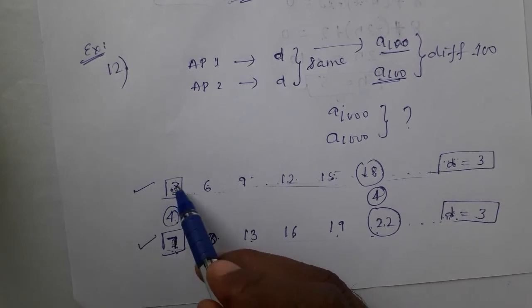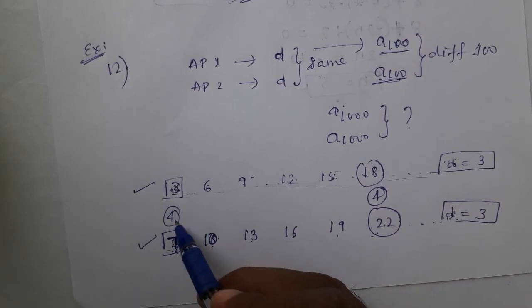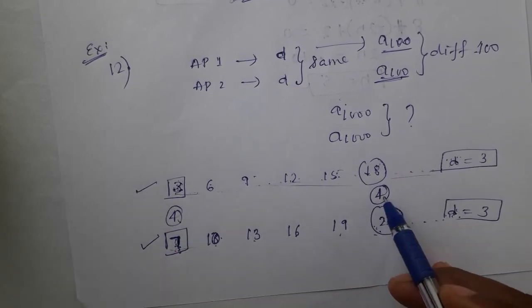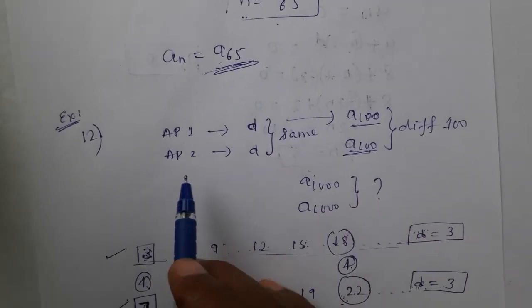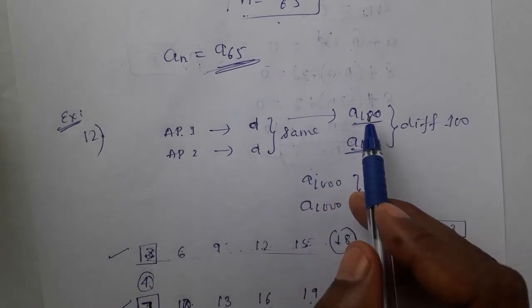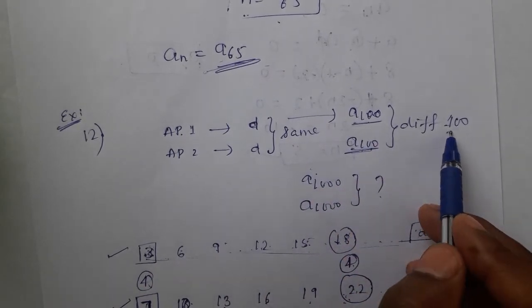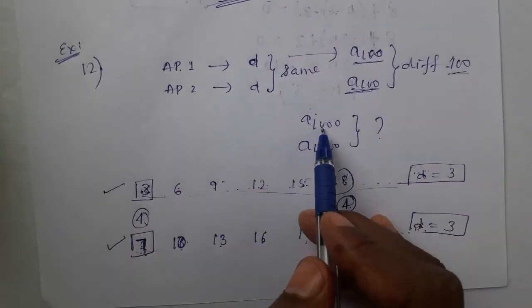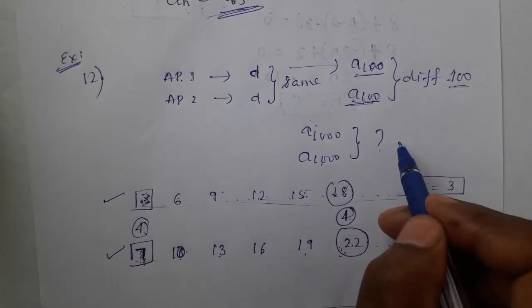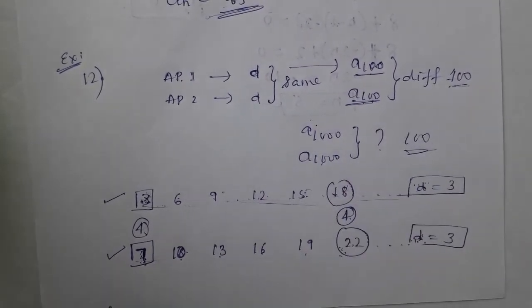The difference between the first terms of both the APs is 4. The difference between their sixth terms is also 4. On the same basis, if one AP's 100th term and another AP's 100th term have a difference of 100, what is the difference between their 1000th terms? The 1000th term also has a difference of 100 only.